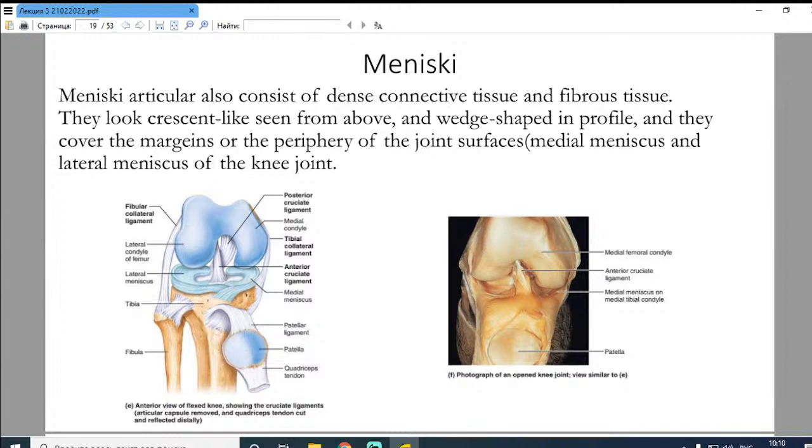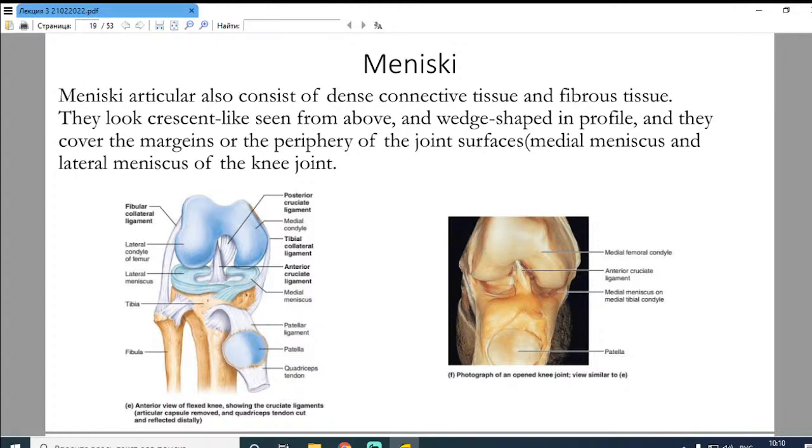And you see, crescent-like seen from above, anterior cruciate ligament and lateral meniscus. This is fibular collateral ligament, and you see tibial collateral ligament.